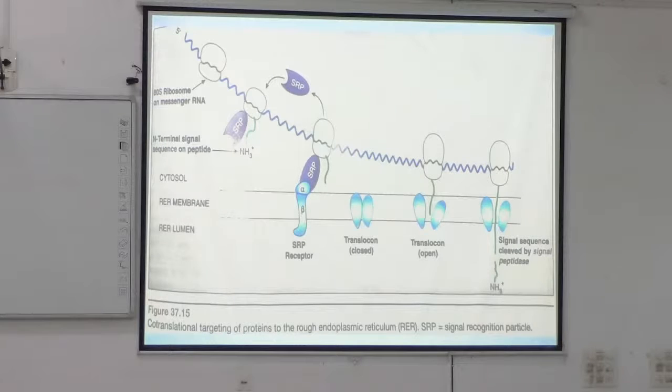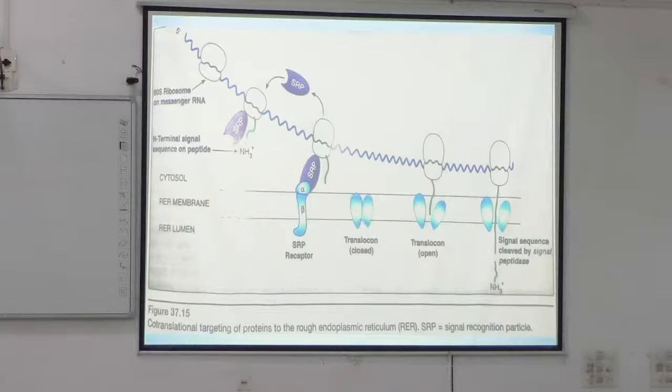The moment the signal sequence comes out from the ribosomal complex, a molecule called SRP, signal recognition particle, binds to the signal sequence present in the short chain of polypeptide. Can you see there? It binds in such a way that the SRP has two binding areas, one for the signal sequence, another for the ribosome. So it binds all together.